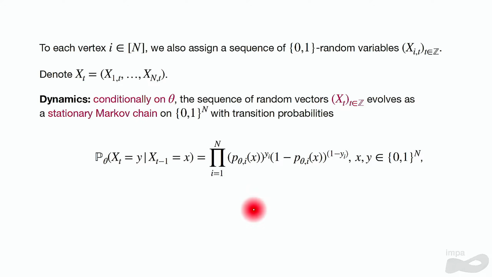So if you want, we can think of 1 as some signal that is sent by the vertex at a given time, and 0 means that that specific vertex decided to remain silent, okay?